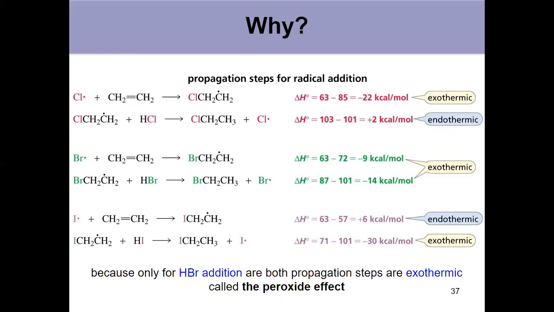If termination happens too early, then it's not going to work, which is what we see with all of the other hydrogen halides. And termination is always exothermic because it's only forming bonds, which in itself is by definition an exothermic process. So in order to even be able to compete, everything has to be exothermic, which is why we only see the peroxide effect with bromine.